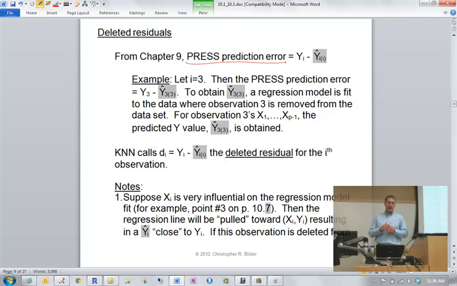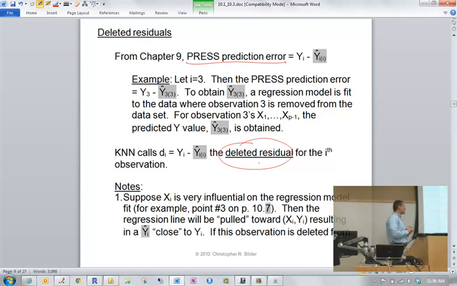That was the prediction error. Now our authors decided to call it a different name. Even though it's the same thing, they decided to call it a deleted residual. I think this name makes sense because basically you're deleting the observation from the data set, estimating the model, predicting that observation that was deleted from the data set, and then getting the residual, the deleted residual.